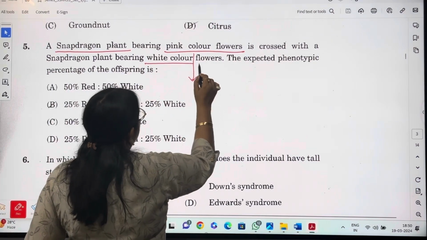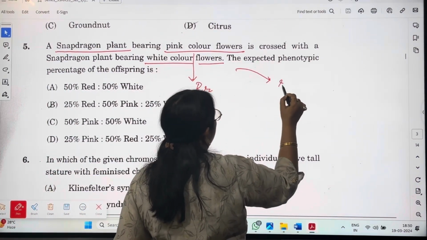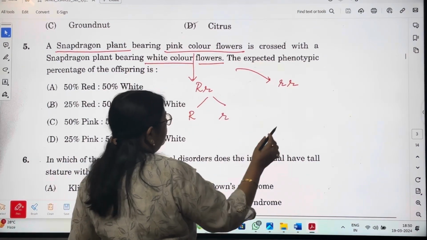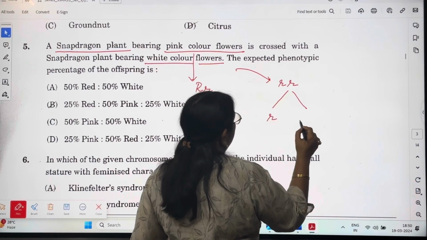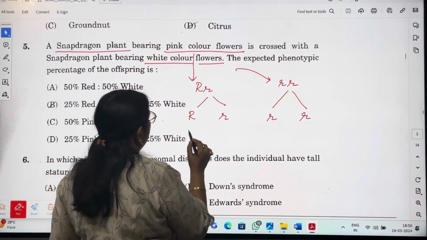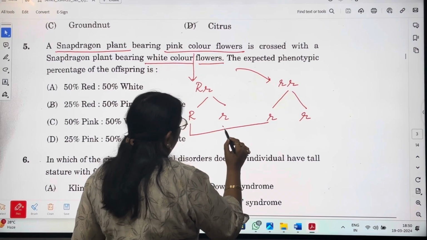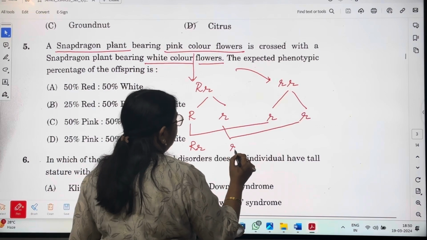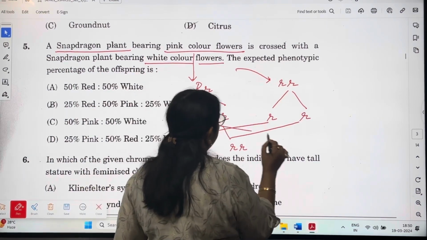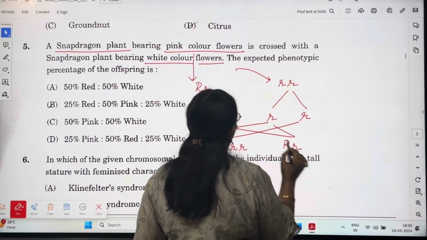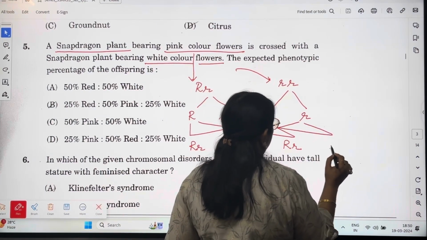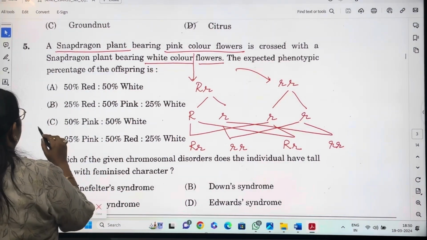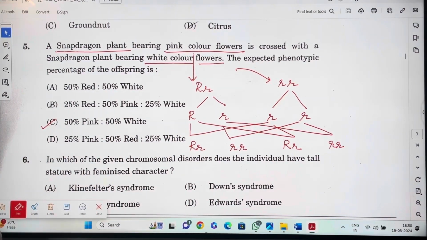White color flowers, their genotype is small r, small r. So the gametes produced here will be capital R type, small r type, and here only small r type. So capital R small r and small r small r. Only these types of flowers will be produced. So 50% pink type and 50% white type. Answer is C option.